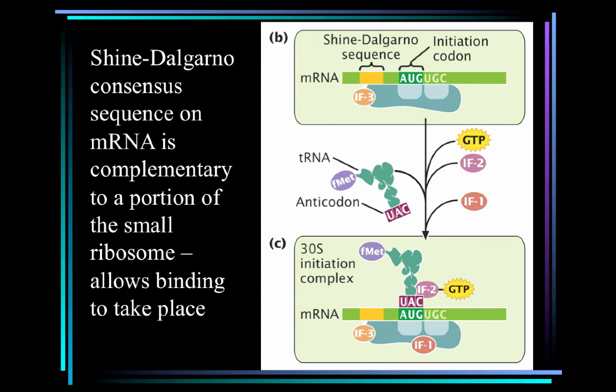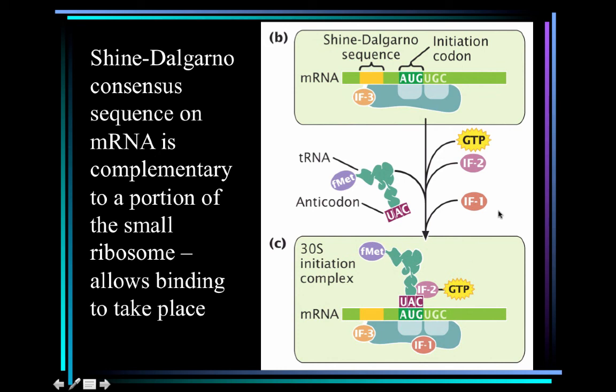All these things have to come together. In the meantime, we're also going to get the first transfer RNA that's going to have the anticodon UAC, which is going to be the anticodon for methionine. That's going to come in and assemble against the methionine codon here.